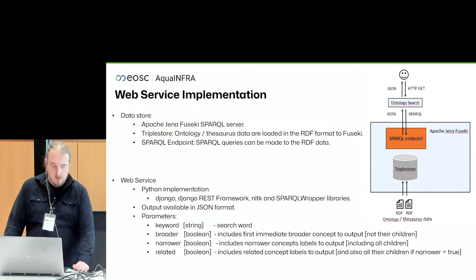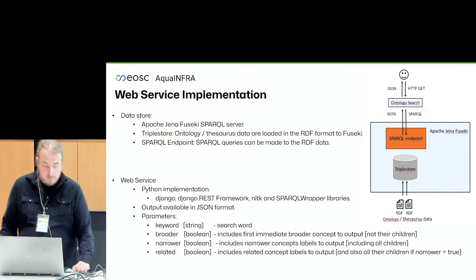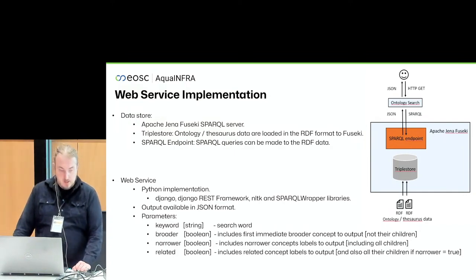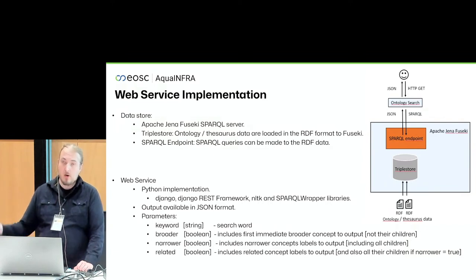A narrower parameter takes all the narrower concepts of the originally found matches into the output, because they are always relevant to their parent concepts. And the related parameter works so that we are taking all the related concepts, and if it is used together with the narrower parameter, we are also taking all the narrower concepts of the related concepts into the output.